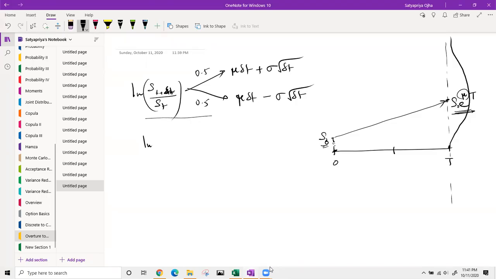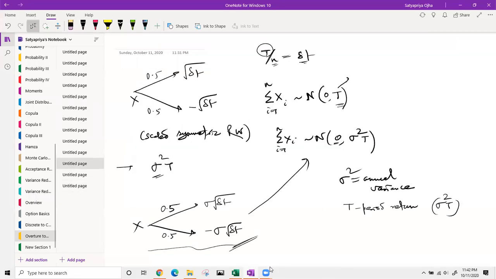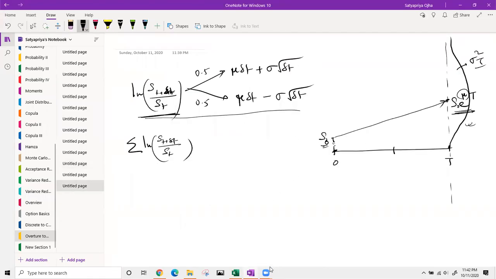So does this model give me this and variance sigma square? Let's see. When I accumulate a lot of these together, sum of ln of S(t plus delta t) by S(t), we are doing sum of x like we always did, right? Here x is log return in that small time interval.